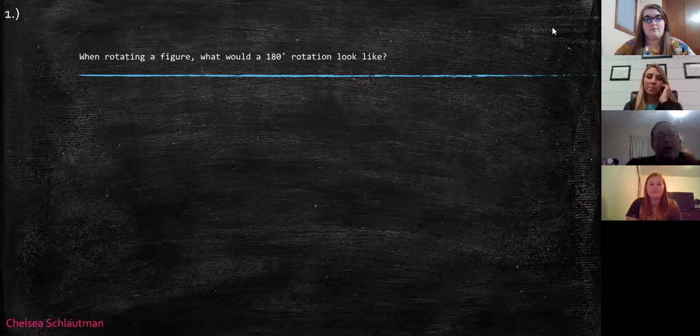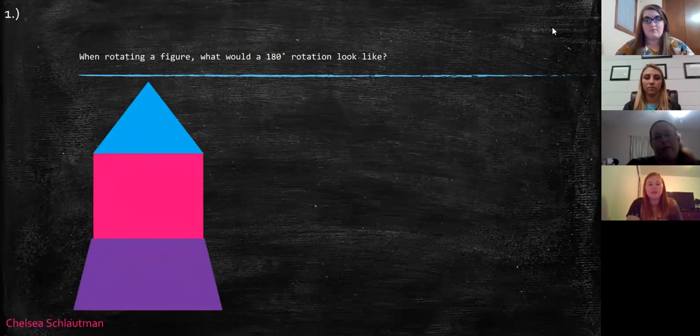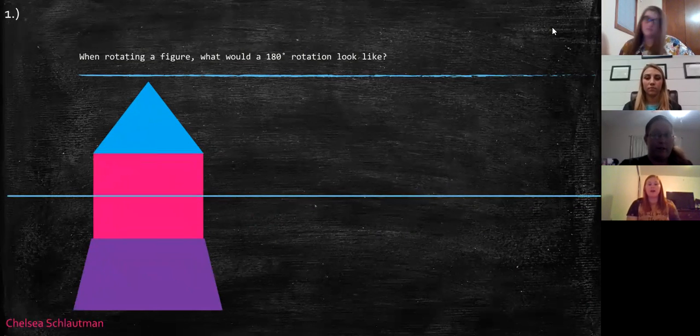Hey, Chelsea, when rotating a figure, what would a 180-degree rotation look like? All right, so we're going to start off with this figure here. If you think of a circle, you think of 360 degrees. So we're going to take this particular shape, and I've drawn this line here so you can understand what the line of symmetry is.